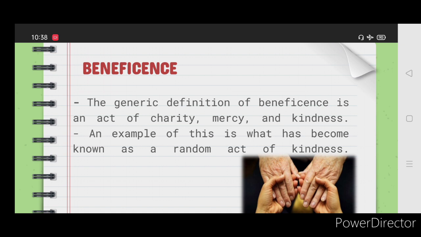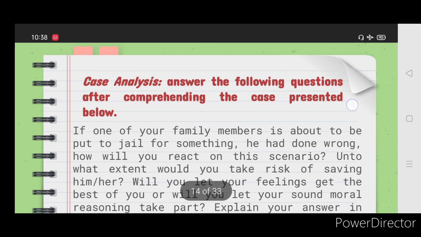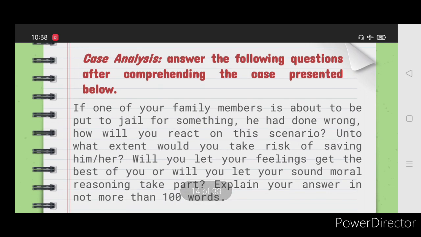So next is the step in ethical decision making. But before that, I have here a case analysis. Answer the following question after comprehending the case presented below. As I said again, comment down your name, your course, and then your answer.